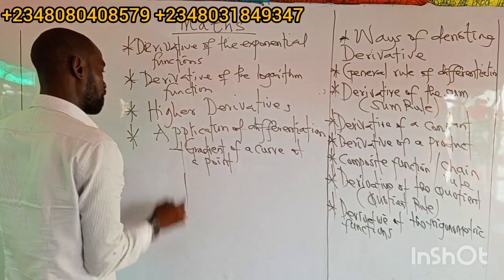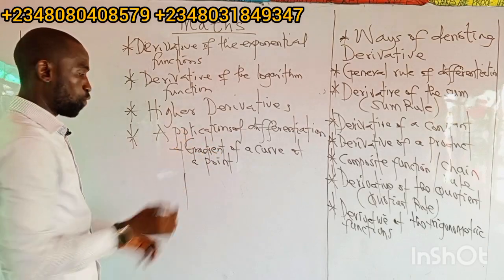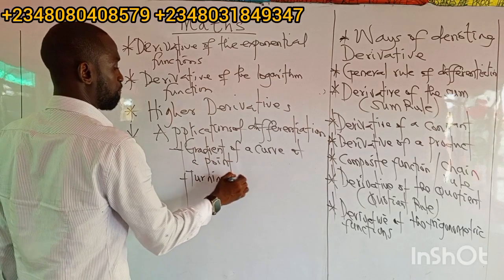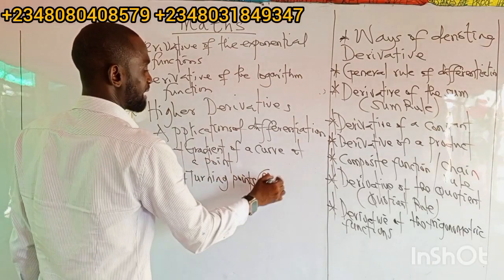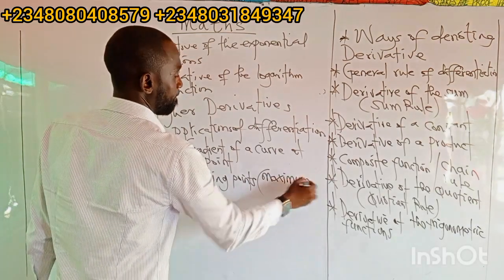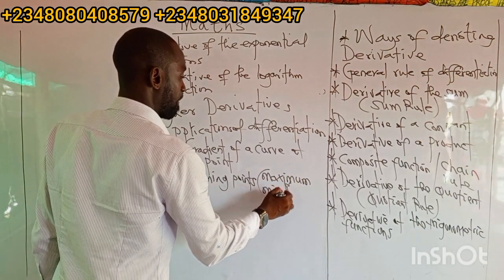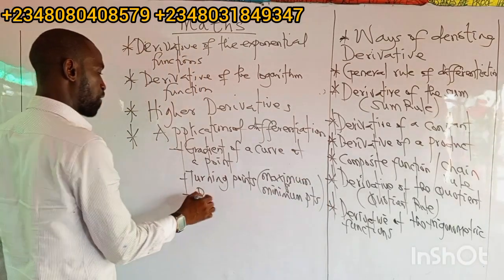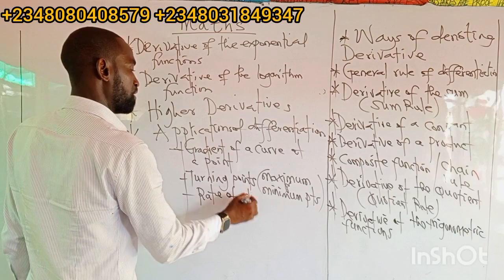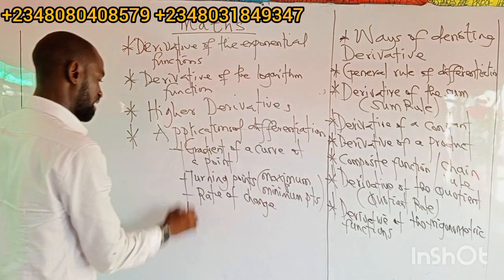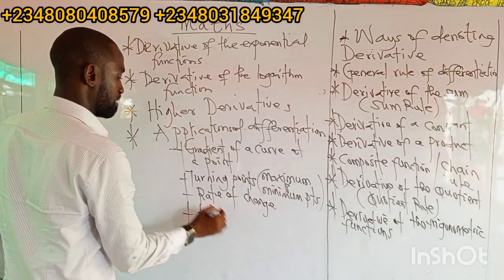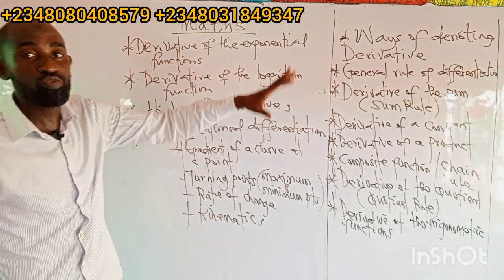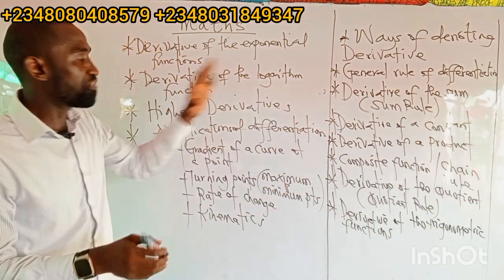And under applications of differentiation, we shall consider turning points, that is maximum and minimum points. Then we'll talk about rate of change. The last one we'll talk about is kinematics. So these are all the things that we are going to be discussing under differentiation. Are you with me in class?